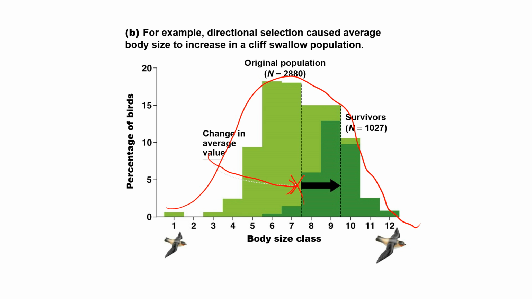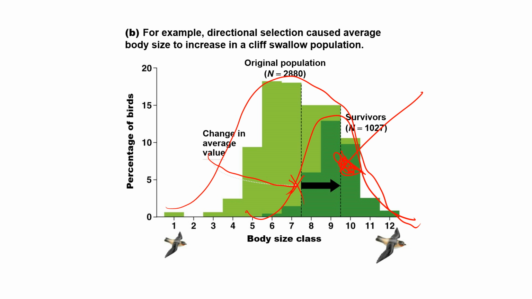Your surviving population is over here, so these are going to be the larger birds. All the ones that have a body size less than 5 or 6, based on how the researchers chose to classify them, were eliminated from the population.